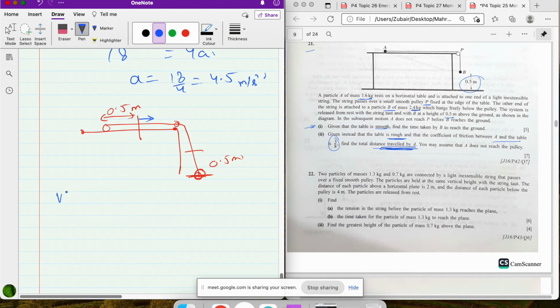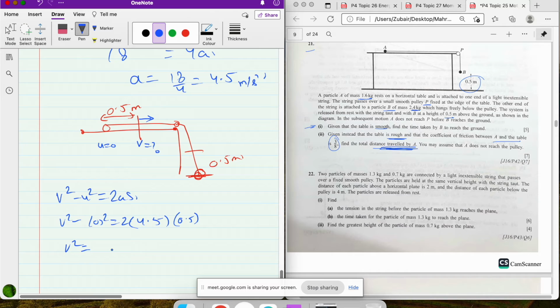If I use the equation v squared minus u squared equals 2as to find the speed of A at this point: initially it was 0, the acceleration is 4.5 and the displacement is 0.5.